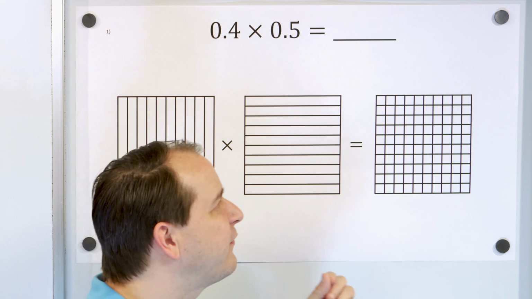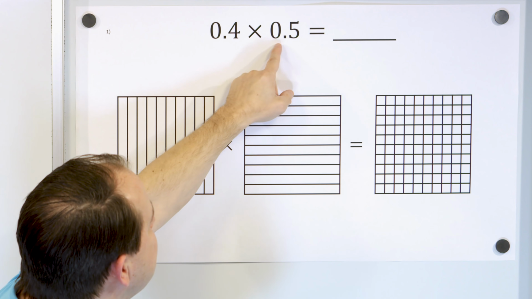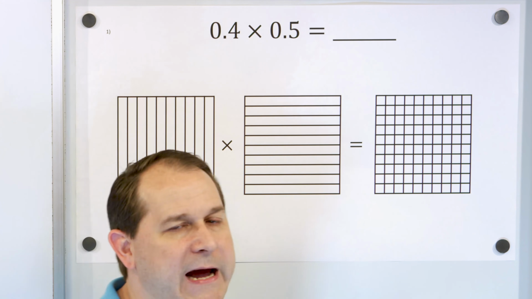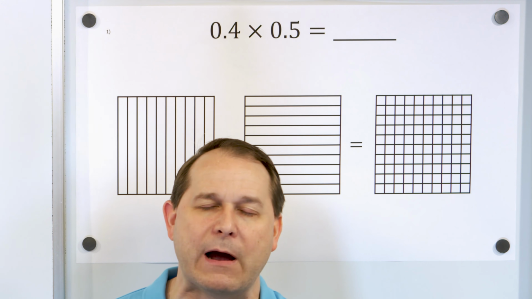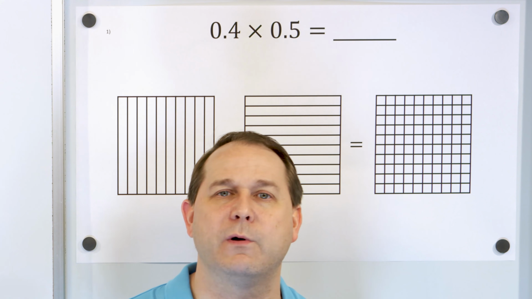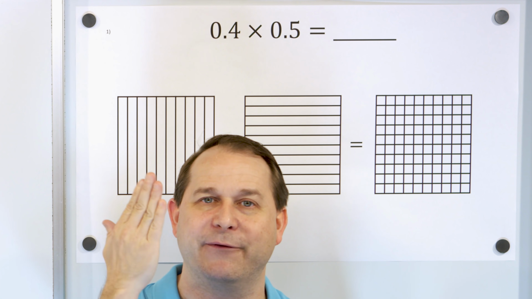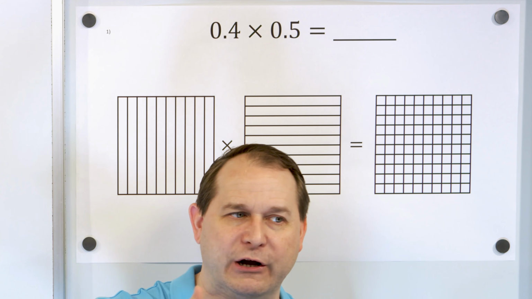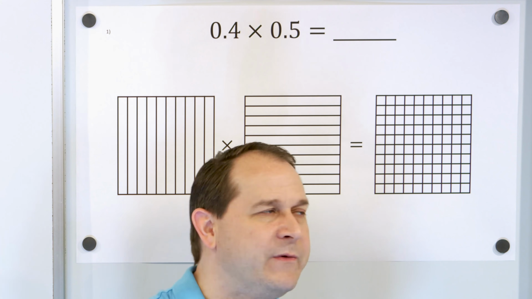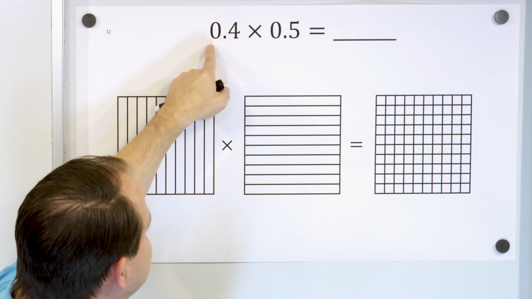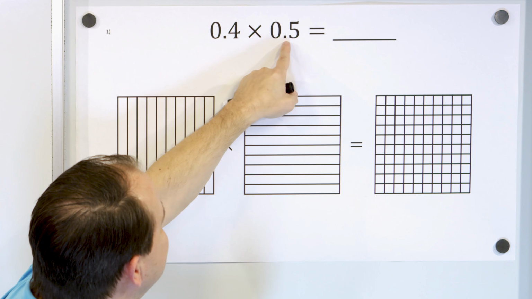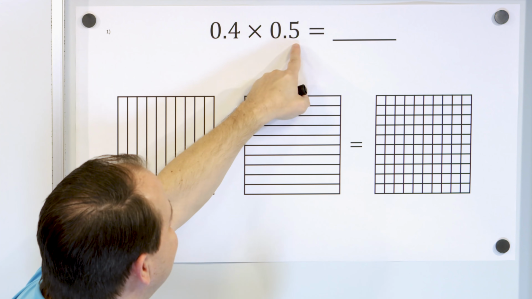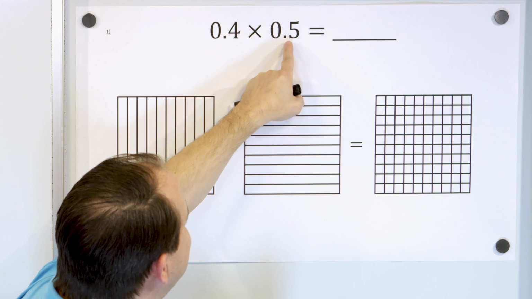So what I want you to start thinking about is, when you multiply and the thing you're multiplying by is a decimal like that, I want you to think of that second thing as a chopping function. I'm using my hand here to show it, I want you to think of chopping. So you're taking something that's 0.4 and you're chopping it in half. If you read it out loud, you're taking this and chopping it by this amount.